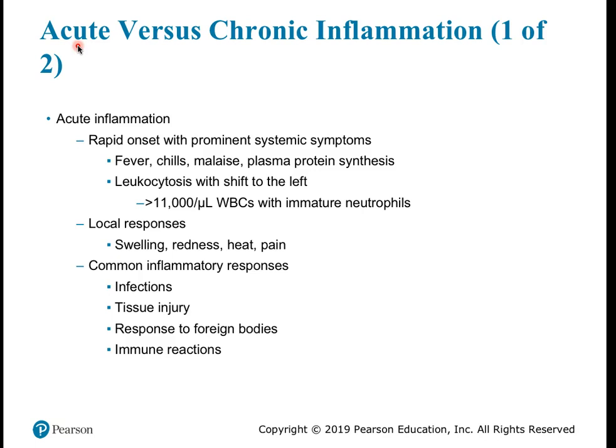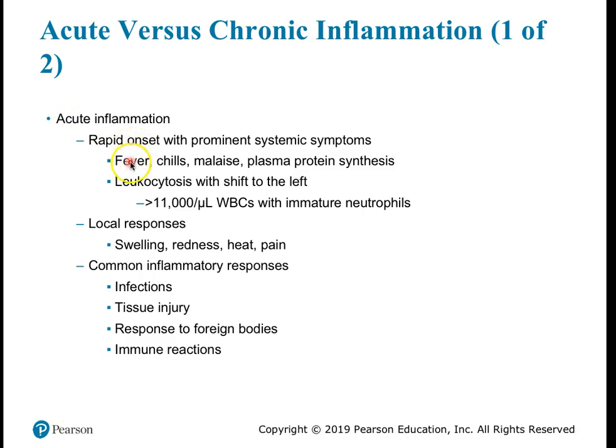And then you will have the microbes cleared and you're going to have wound healing and it will be resolved. Chronic inflammation, you're talking about a process that is going to persist over weeks, months, years, perhaps a lifetime of an individual. So here we have acute inflammation, so rapid onset.